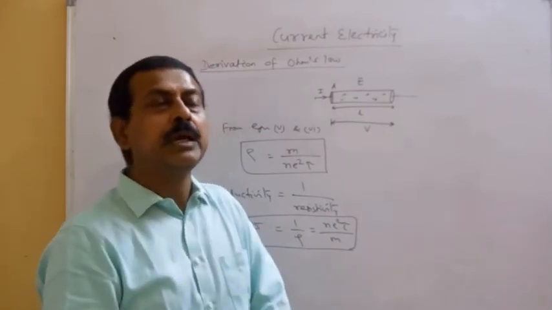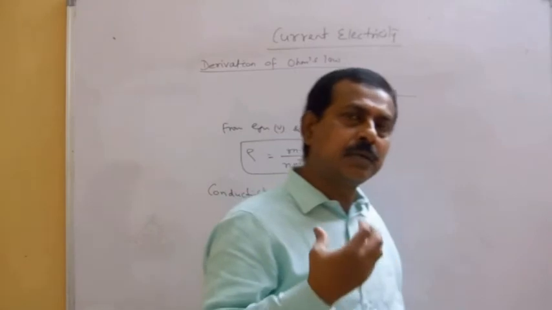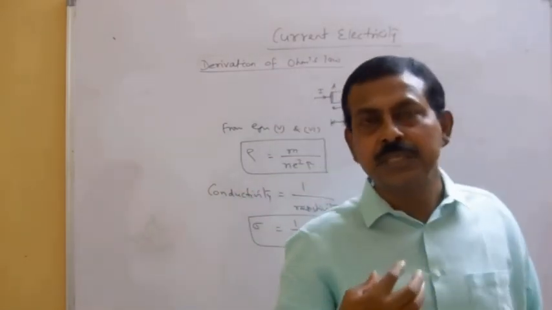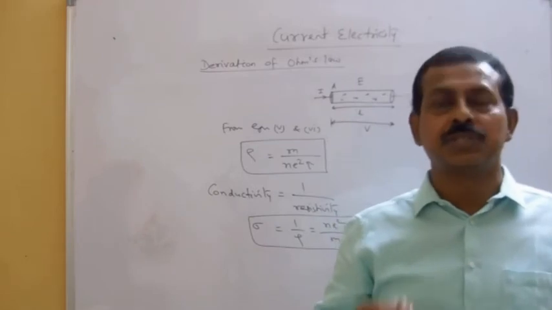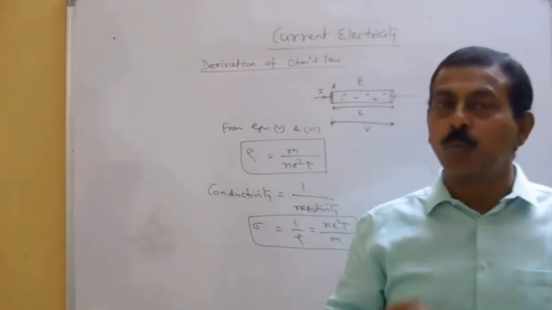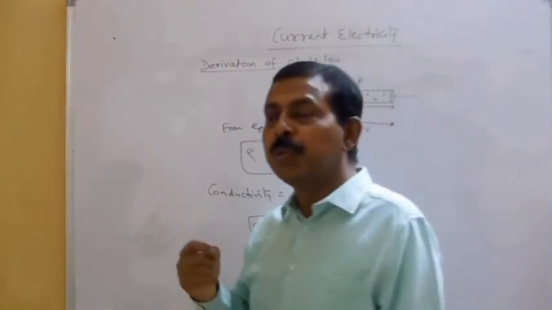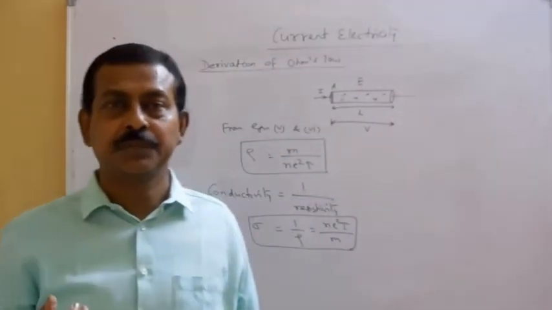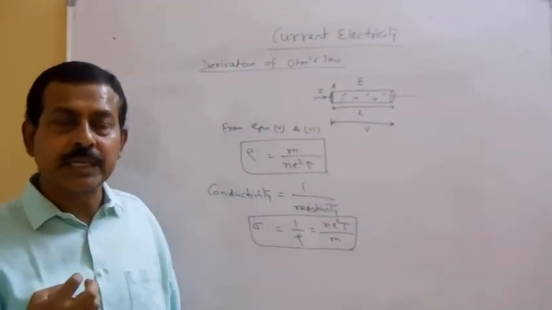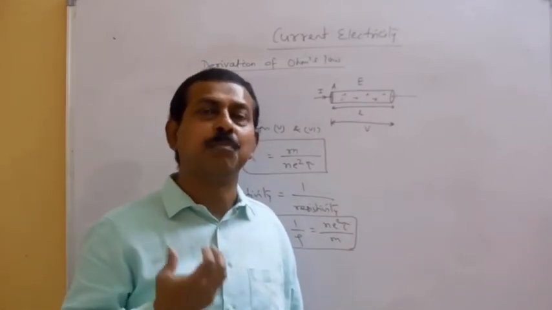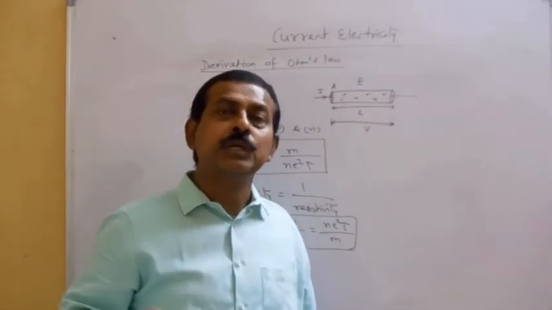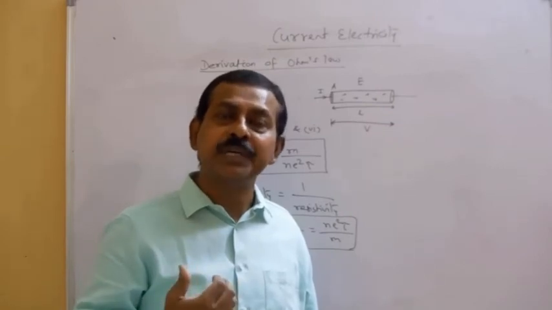Now we know that if we increase the temperature of a conductor, then its resistance increases. Why does it happen like this? Because if you are increasing the temperature, then the charge carriers will possess more energy, more thermal energy, so they will move more rapidly.